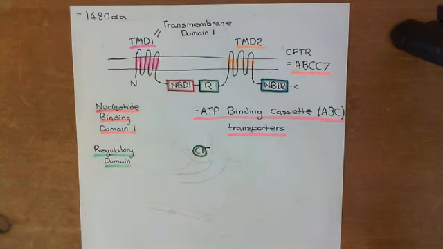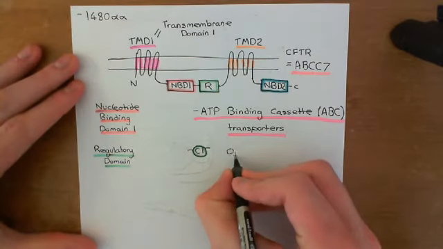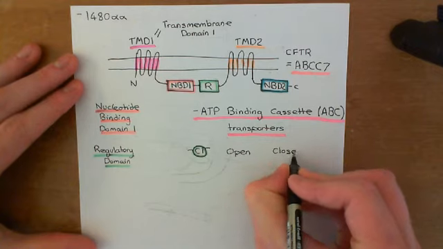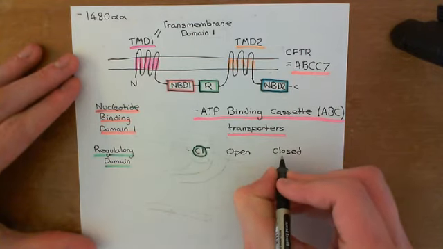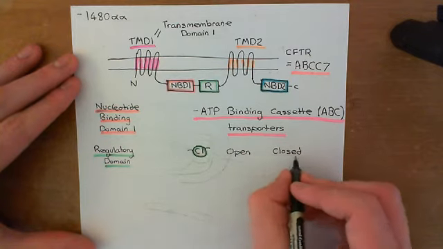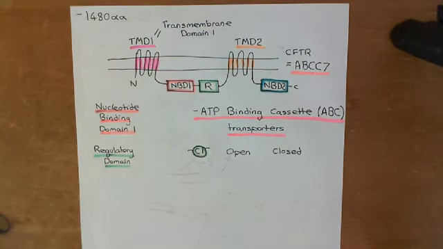Now, this anion channel is not open all the time. It has in fact two states. It can either be in the open state or it can be in the closed state. Now, what causes it to move from being in the closed state to being in the open state? Because it's usually in the closed state, but what causes it to open? Well, it's the ligand molecule. It's a ligand-gated ion channel.